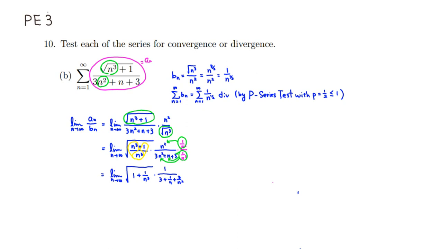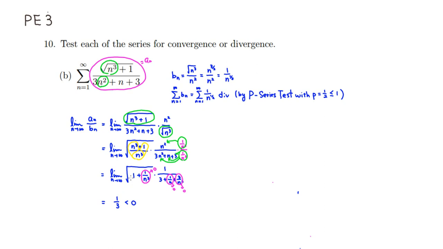Then this is the easy limit. We know that 1 over n cubed approaches 0, 1 over n approaches 0, and 3 over n squared approaches 0. So what you get is the square root of 1 times 1/3, which is 1/3, a finite number. All we need is a finite number.